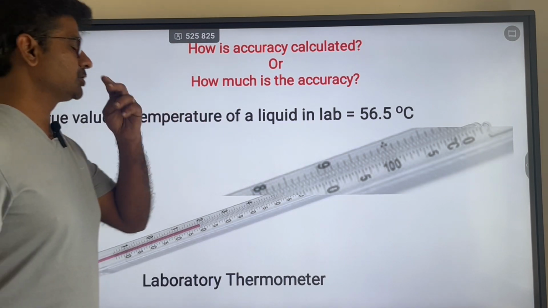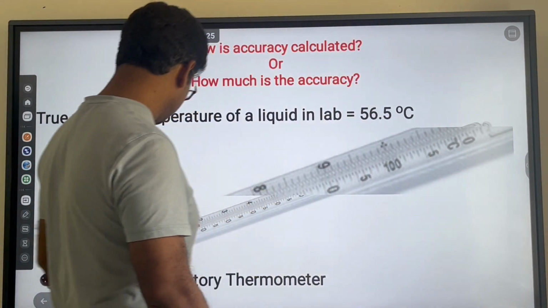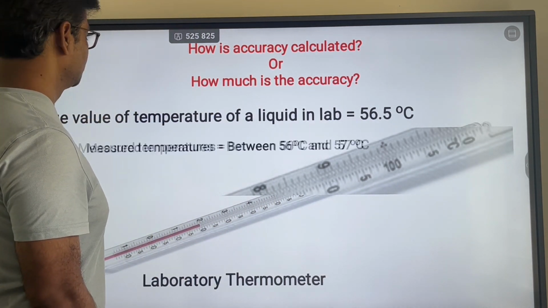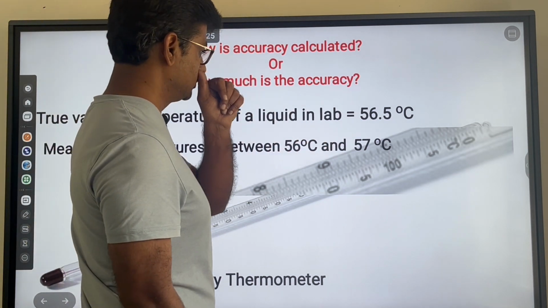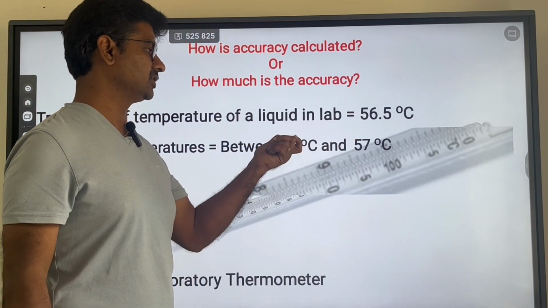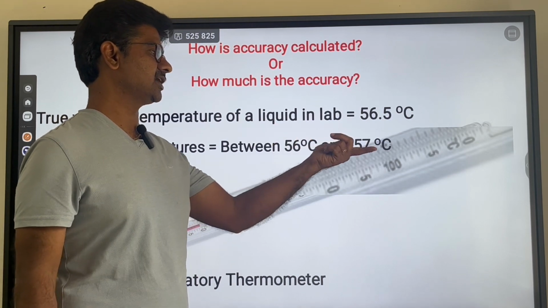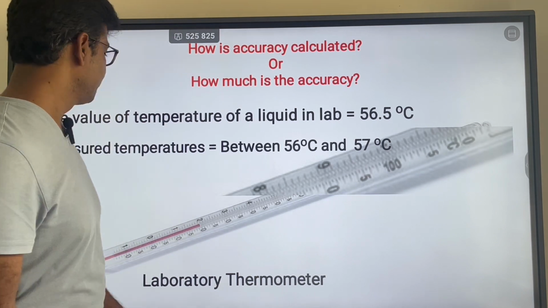The true value of the temperature of a liquid in the lab is 56.5 degrees centigrade. That's the true value. The measured value is between 56 and 57. You are measuring that temperature and getting 56 or 57, whatever values between these two.